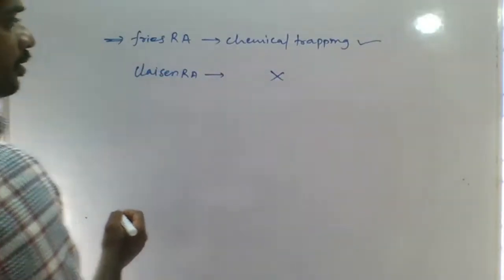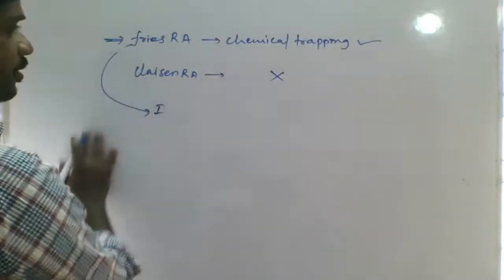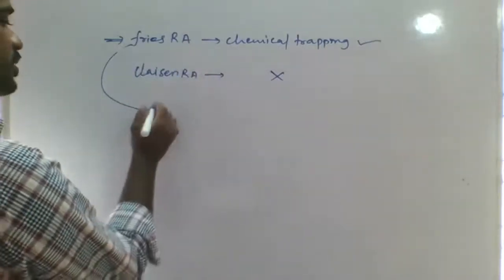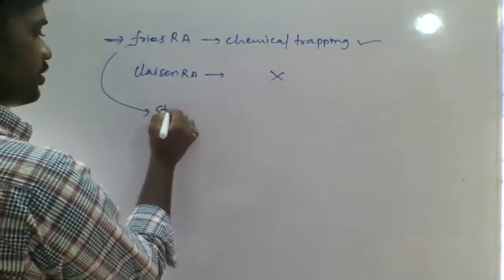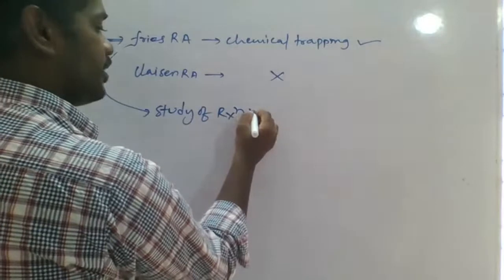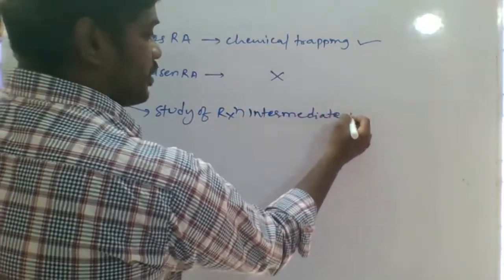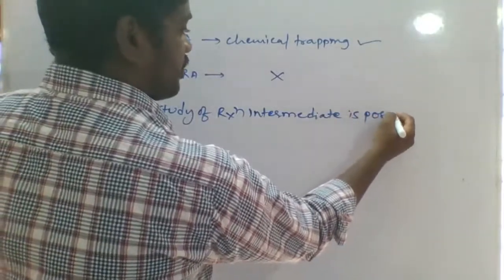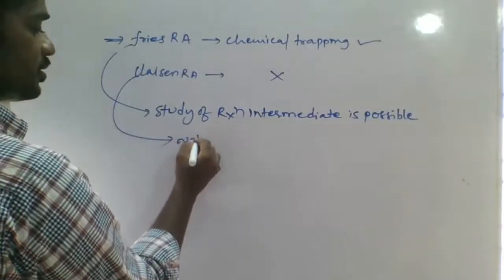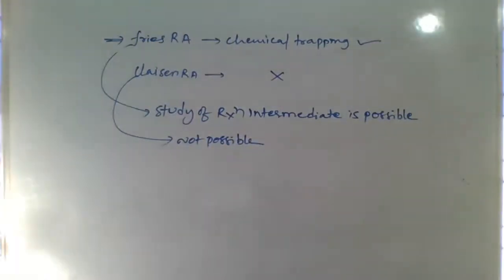So in Fries rearrangement, by using this, study of the reaction intermediate is possible. Here, by using the Claisen rearrangement, not possible. Please take this screenshot.